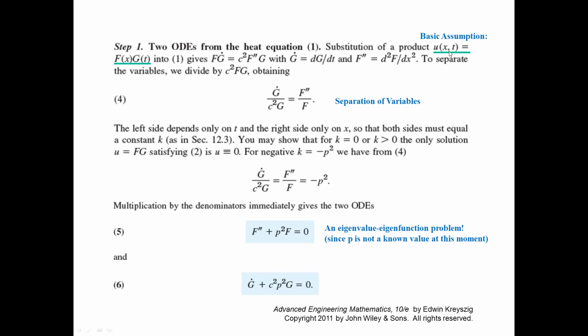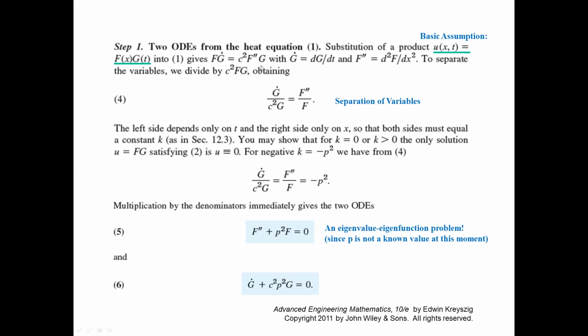Because the dependent variable depends on two independent variables, x and t, we separate the solution into two parts. One involves factors of x, the other part involves factors of t. So we put this assumption into the original equation.